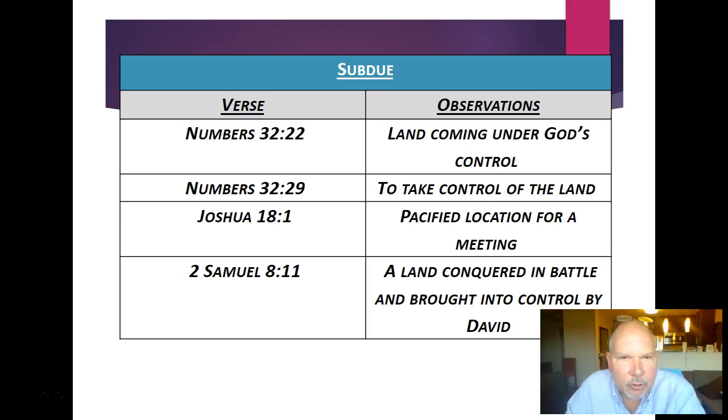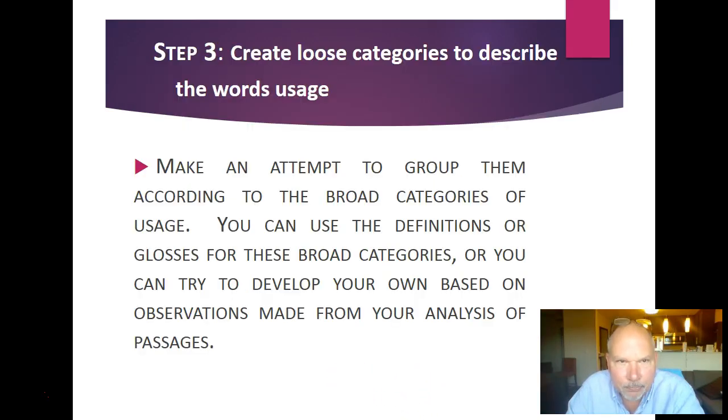In Numbers chapter 32, verse 29, it is understood to take control of the land. In Joshua 18, it's a pacified location for a meeting. And in 2 Samuel 8, the land is conquered in battle and brought into control by David.